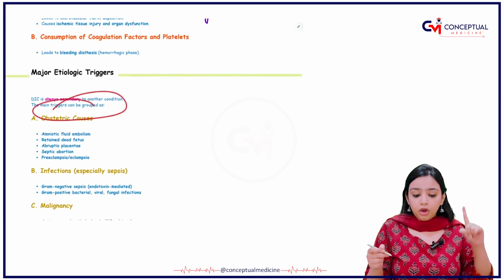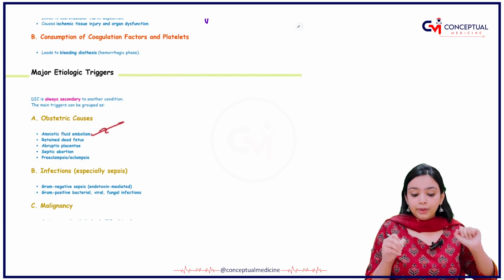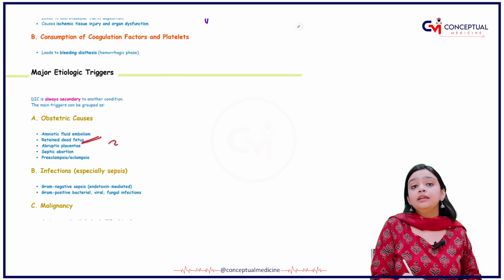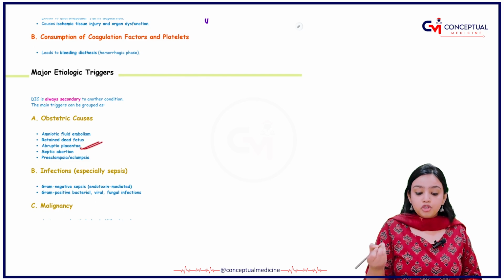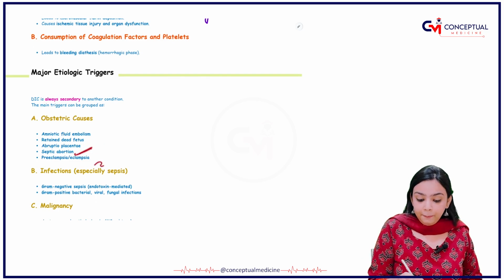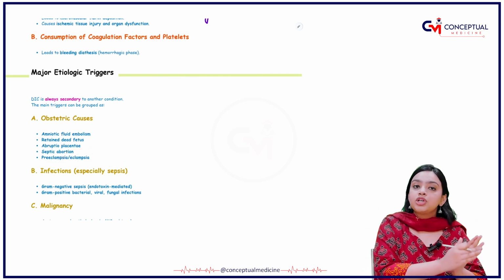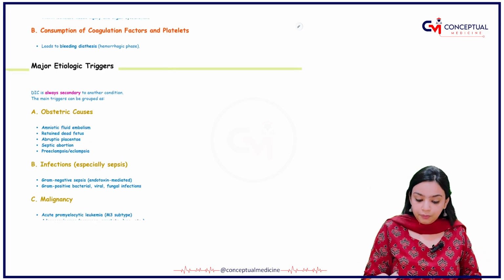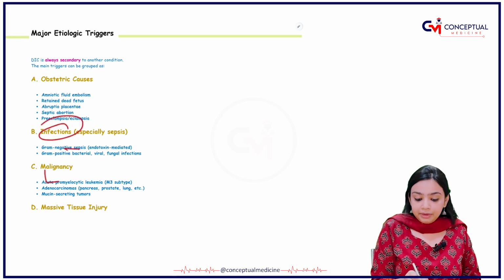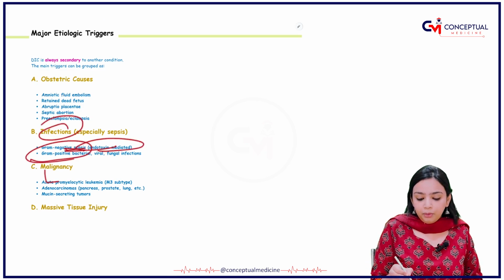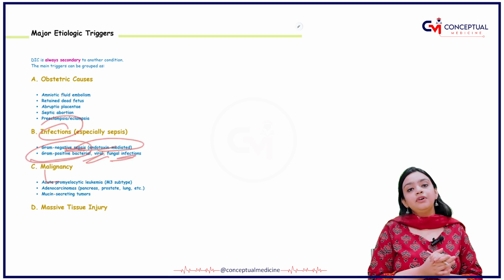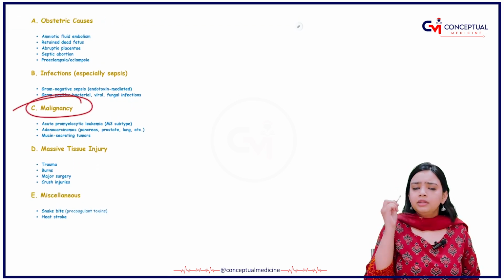What are the obstetric causes? First one, amniotic fluid embolism. Second one, retained dead fetus, abruptio placentae, septic abortion, preeclampsia and eclampsia. Preeclampsia and eclampsia are related to hypertension. Then you have infections like gram-negative sepsis and gram-positive bacterial, viral or fungal infection. What are the malignancies?